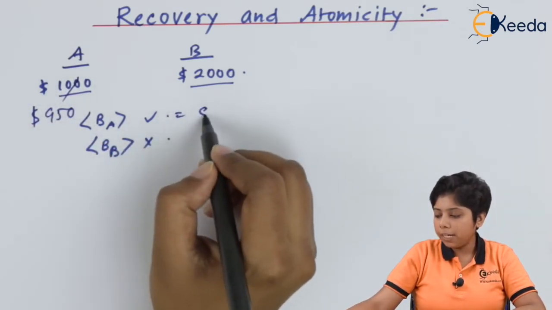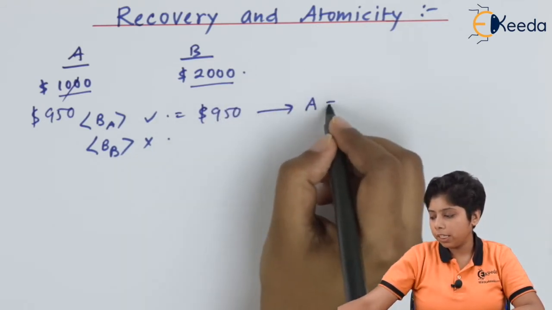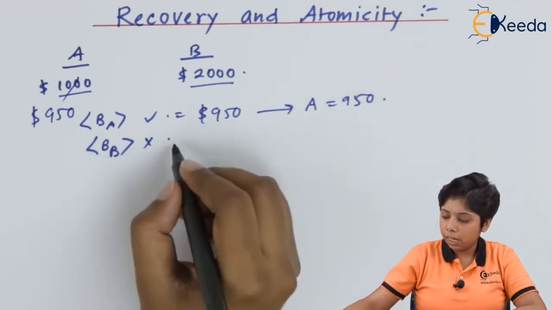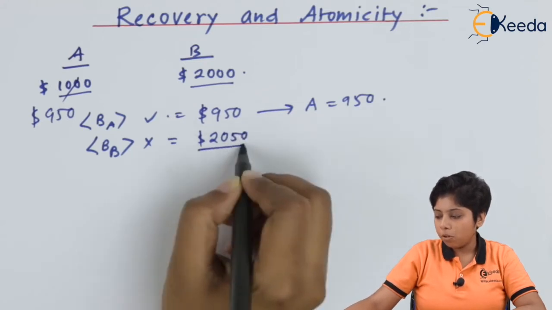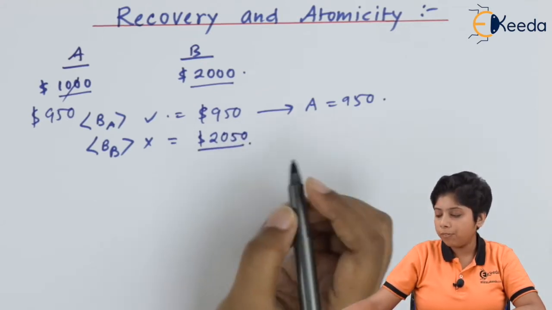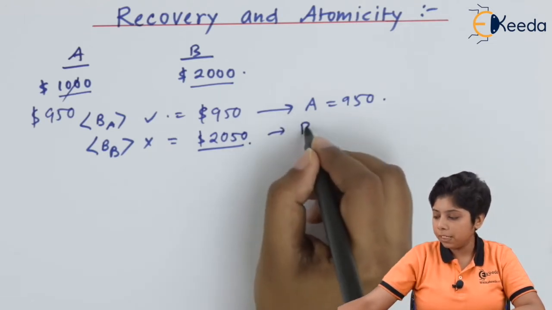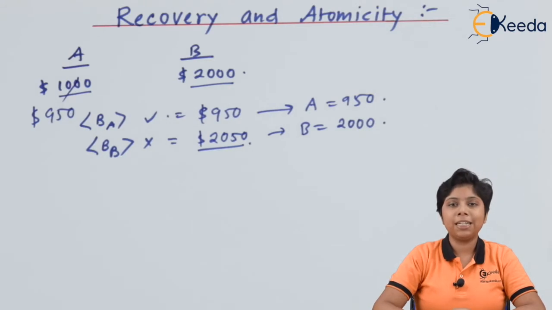So now my BA contains 950 and it writes A's value as 950. Now BB contains 2050, but this 2050 is not written to the database. My database still contains B equals 2000, which leads to an inconsistent state, and the atomic nature is not satisfied.